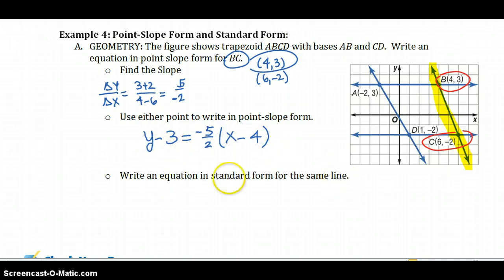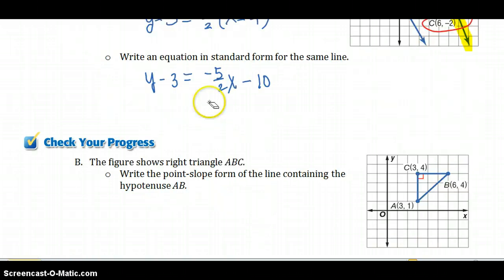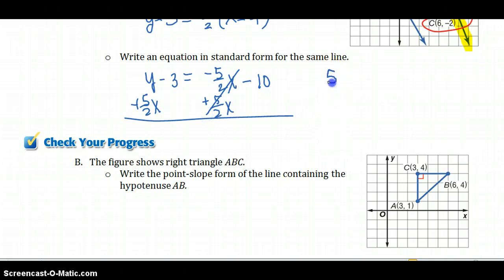So I can take my point slope form and turn that into standard form by distributing my 5/2 to both the x and the 4, and that's going to be negative 20 over 2, which is negative 10. So adding 5/2 x to both sides gives us 5/2 x plus y.